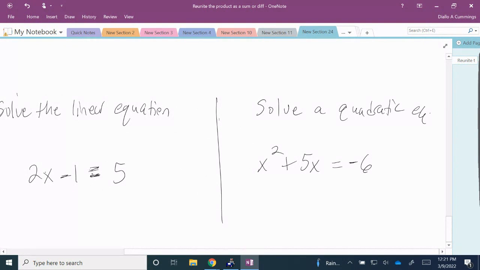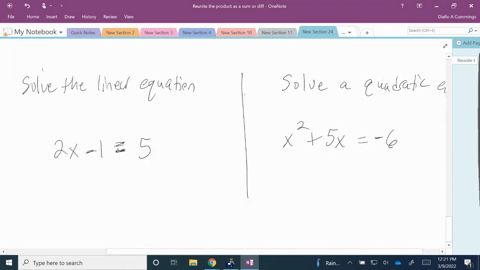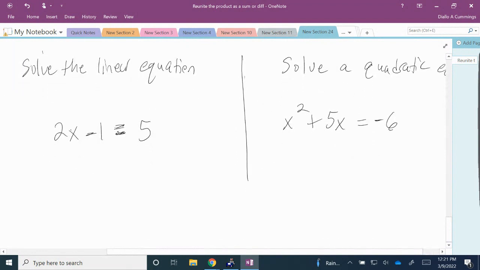This is a quadratic equation because the highest power is a square. Now, the way you solve these things is totally different. In order to solve the linear equation, we must isolate the variable.